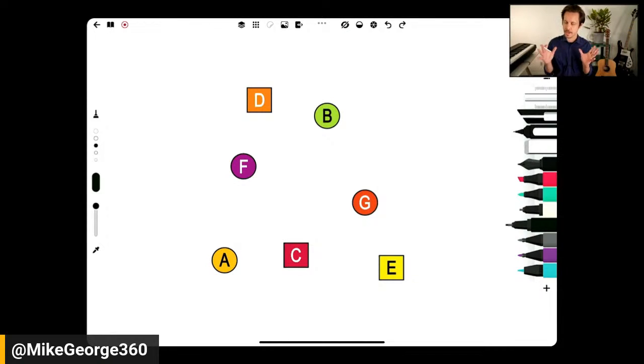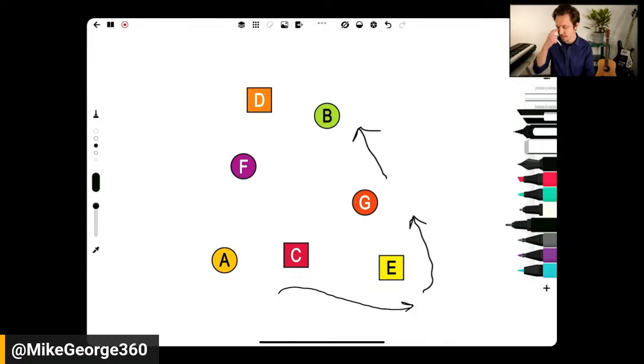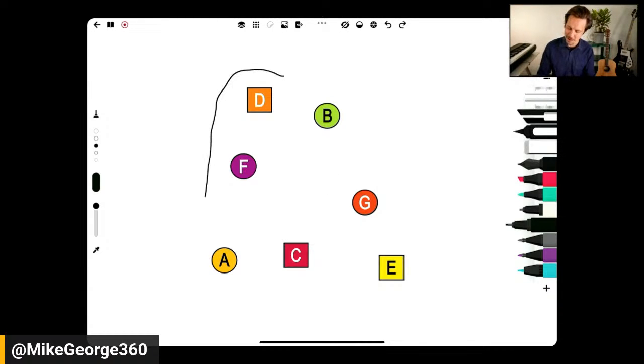And right away, you might be like, okay, well, it's a little different than what we just looked at. It's going in the opposite direction for one. So instead of in a clockwise direction, it's C to E, E to G, G to B, and so on in a counterclockwise direction. And also it looks like a lump rather than a circle.